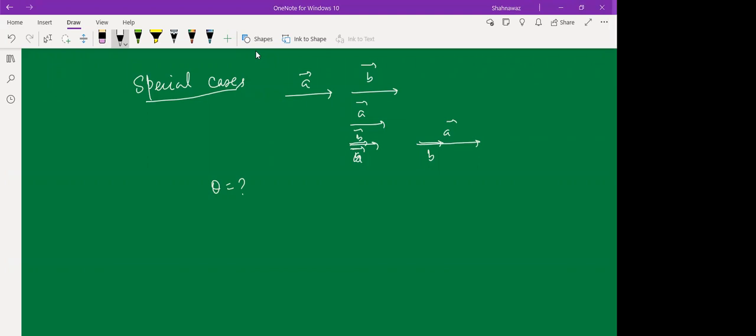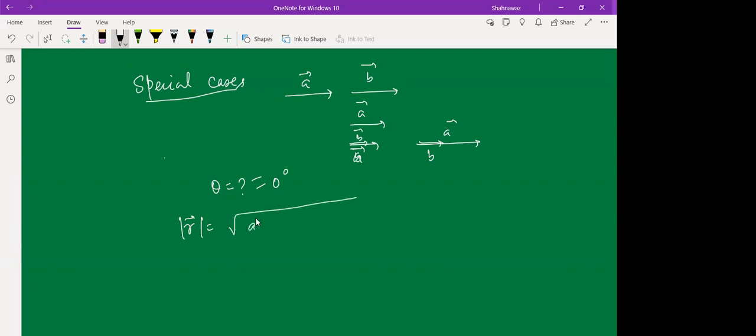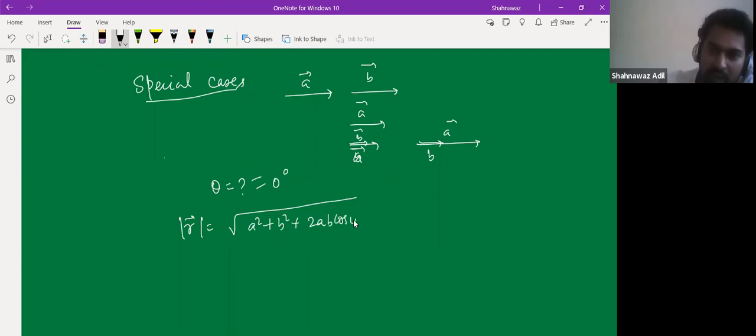Zero degree. Yes, zero degree. So theta is zero degree. So recall that the resultant was what? Square root of A square plus B square plus 2AB cos theta. So theta is zero degree, so cos 0 is 1. So we will have A square plus B square plus 2AB.